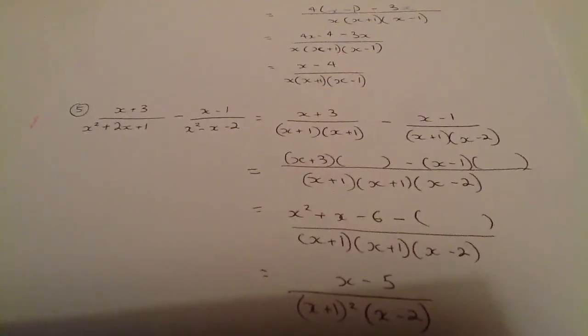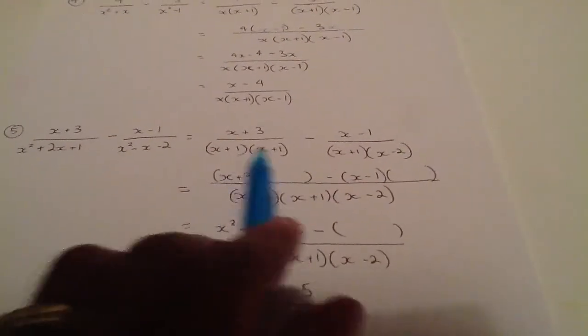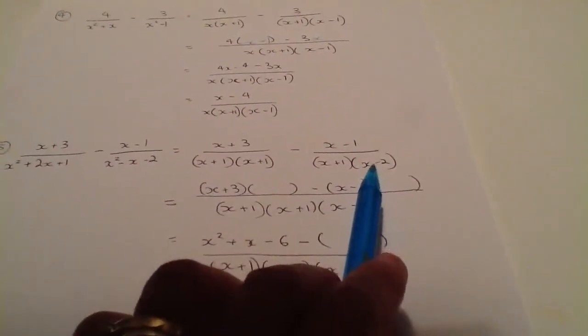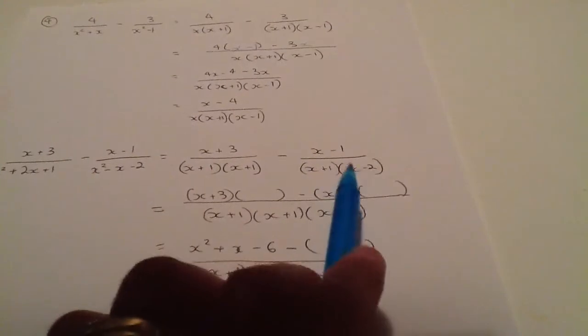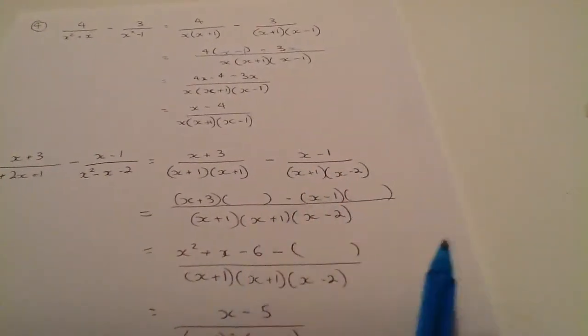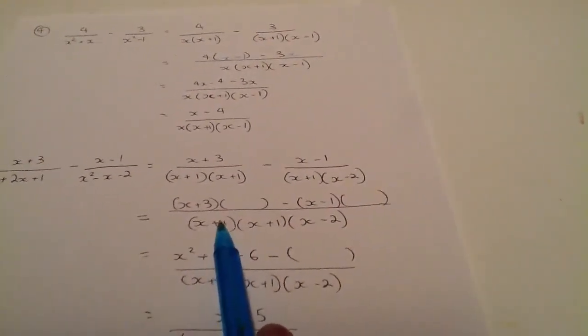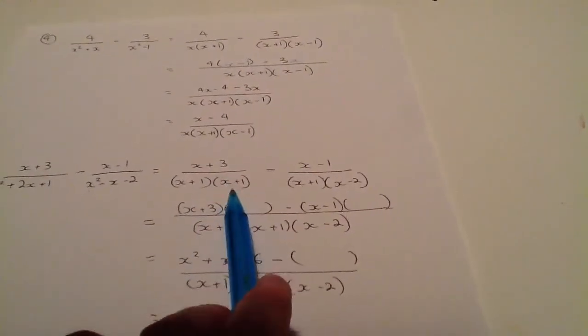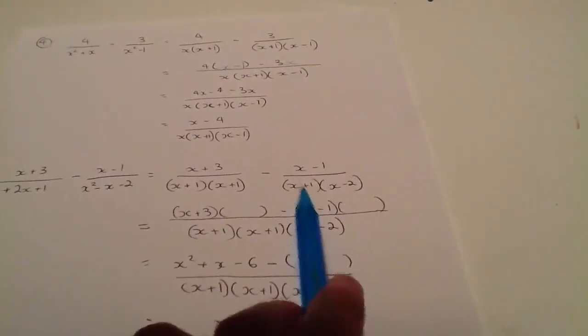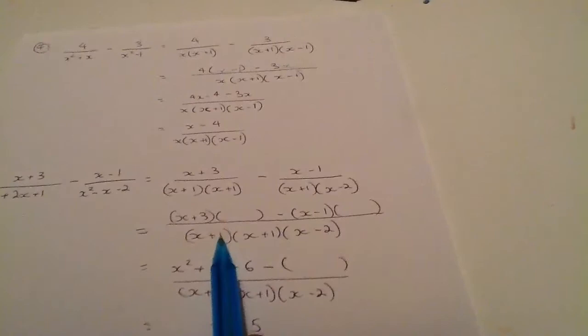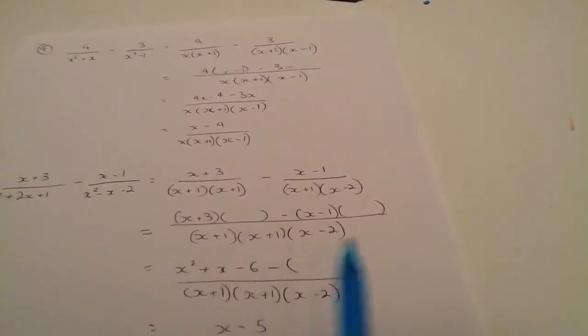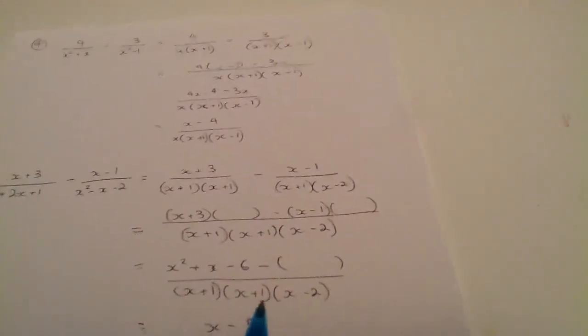So our common denominator is going to be, well, here the only thing that we haven't got is the x minus 2, and here we need to add in another x plus 1. Okay, so everything here and the x minus 2, everything here and another x plus 1, because they have to be common, they have to be the same when we change them.